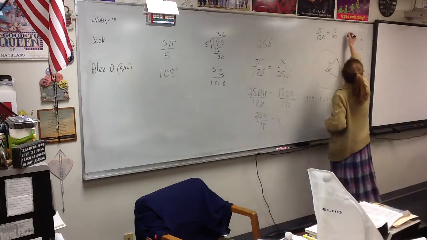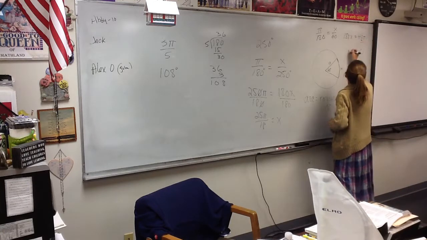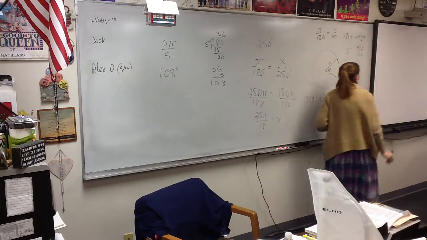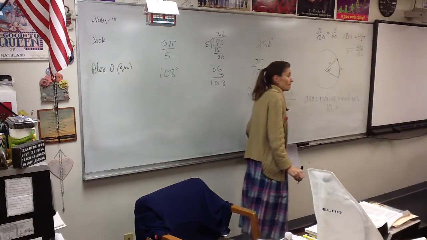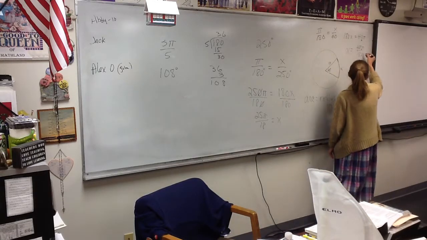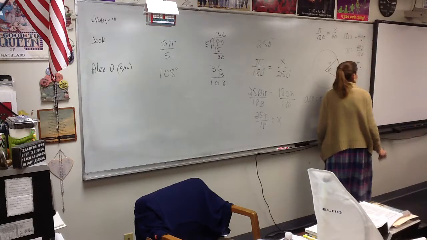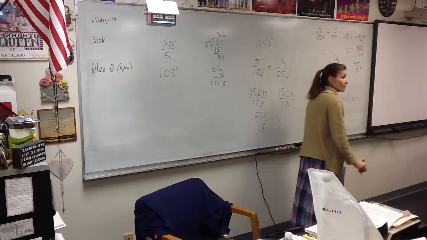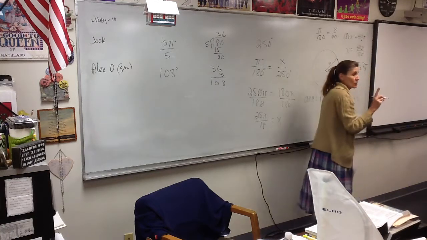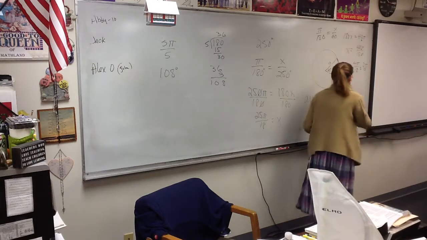So I'll cross multiply again, and I'll reduce my fraction. Once again, the zeros are gone. I have 4 pi over 18, which I can reduce to 2 pi over 9. That is not the answer. That's what I did over to the side.